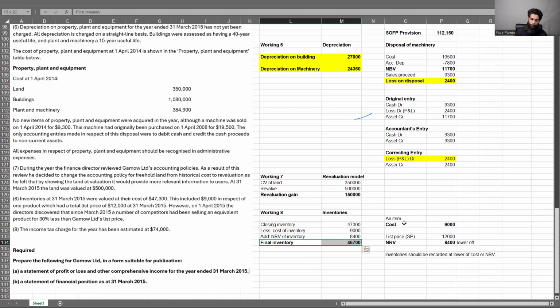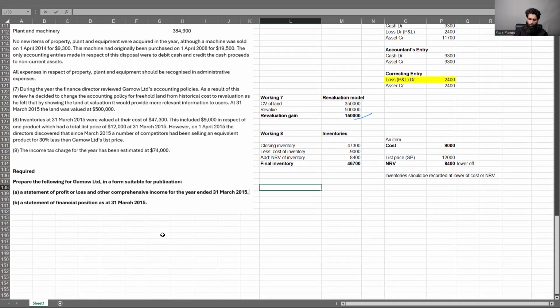Perfect. Excellent. The last thing, note number 9: the income tax for the year has been estimated as 74,000. Can anybody tell me what should be the accounting entry for this tax? What should be the accounting entry, guys?